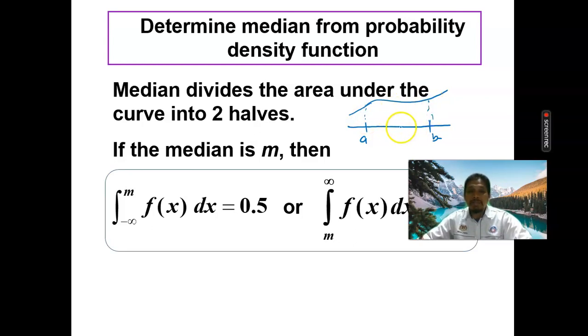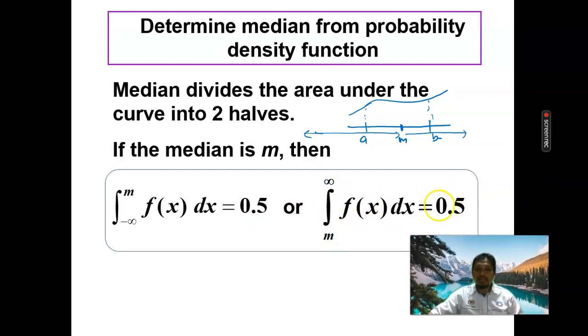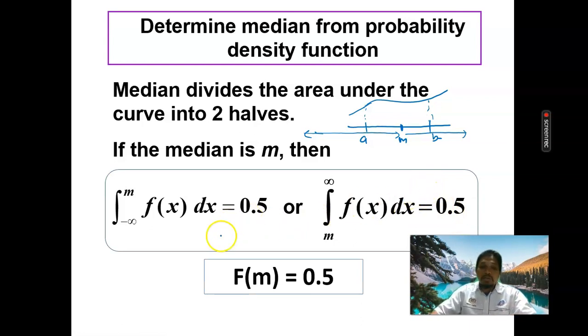Then the median is where the integral from negative infinity to m of f(x) dx equals 0.5, or the integral from m to positive infinity of f(x) dx equals 0.5. The integral of this will give you a function, capital M of m, equal to 0.5.